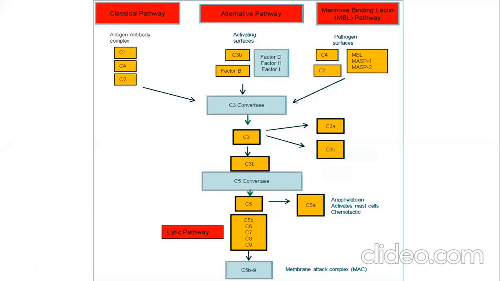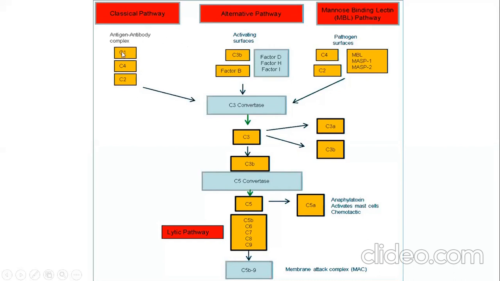Three pathways we are seeing here. Okay, so what I am seeing, whatever I have spoken previously, 3 pathways. This is the MBL pathway, mannose binding lectin pathway, classical, alternate.